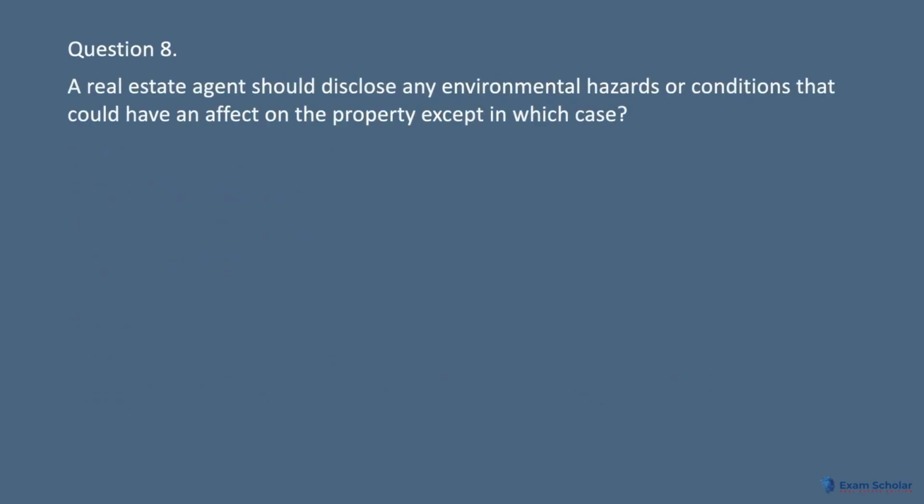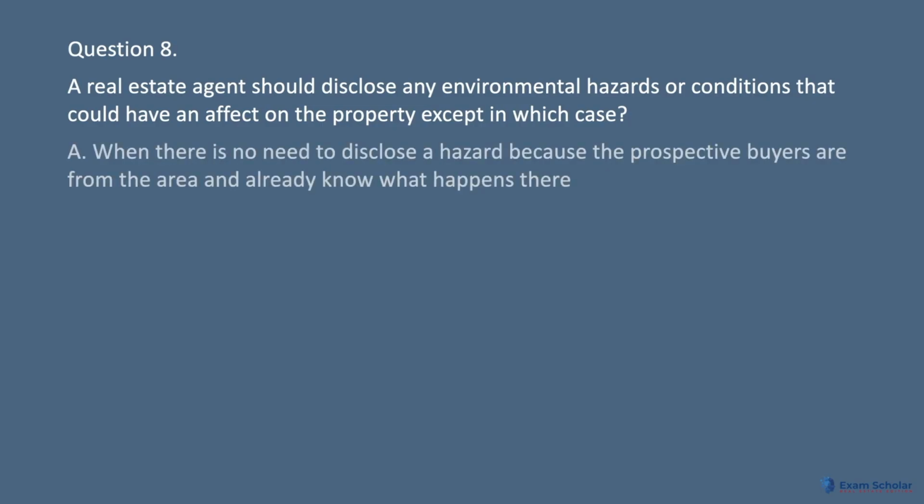Question 8. A real estate agent should disclose any environmental hazards or conditions that could have an effect on the property except in which case? A. When there is no need to disclose a hazard because the prospective buyers are from the area and already know what happens there. B. When there is a posted notice on the property.